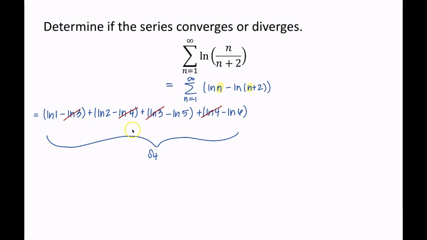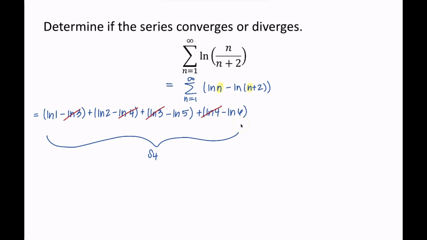So what is going to be left over? That's what we're trying to recognize. What's going to be left over? We have natural log 1 and natural log 2 at the beginning of the series. And then at the very end of the series, we have 2 terms left over. So we have the last parts of the last 2 terms.